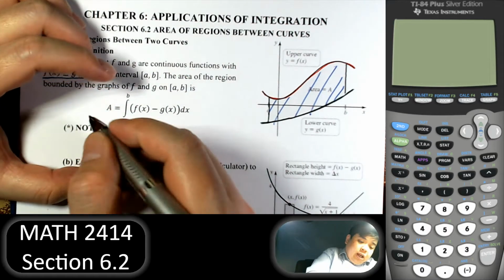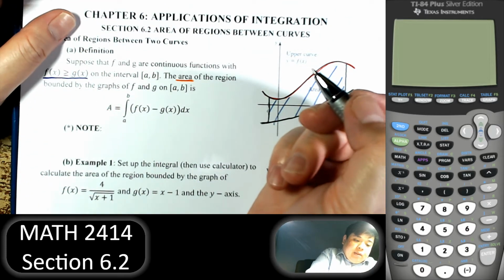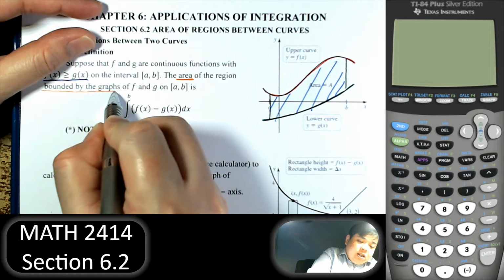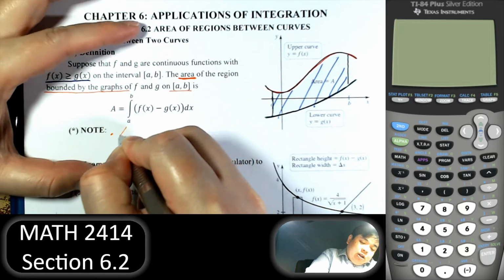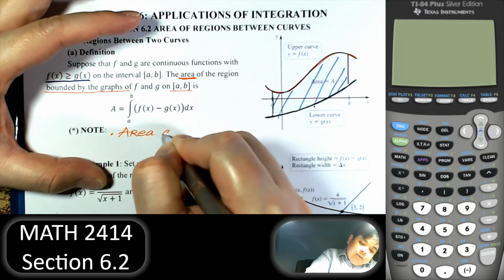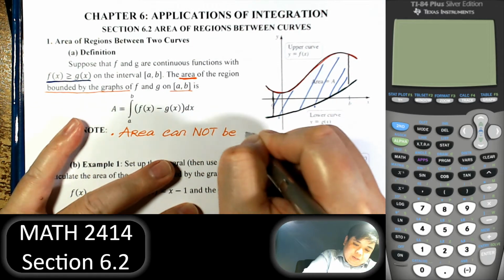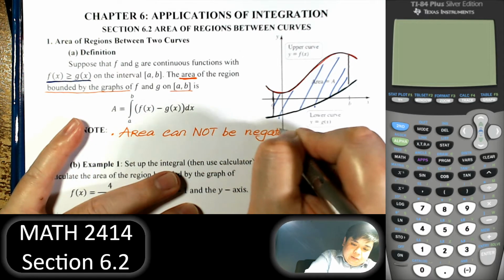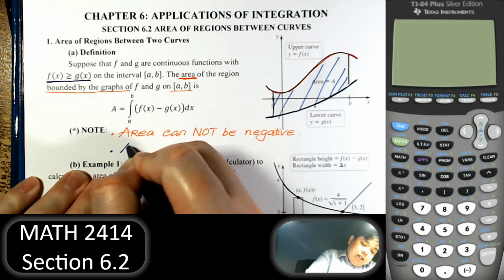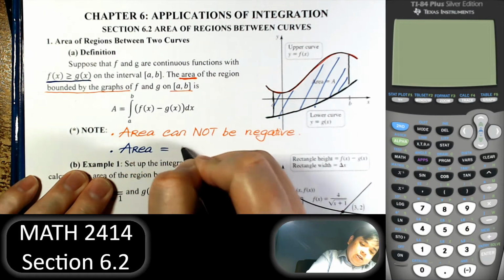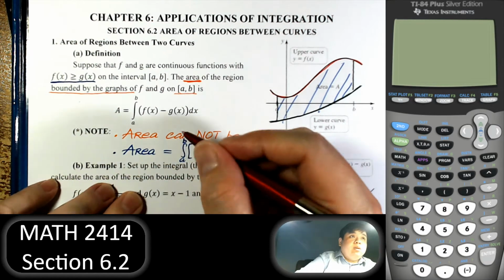First, when we talk about area, it is bounded by the graphs from A to B. So when we talk about area, area cannot be negative. And then after that, the area will be equal to the upper function minus the lower function.